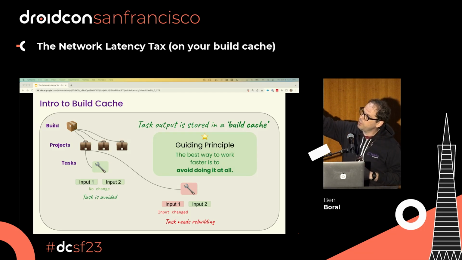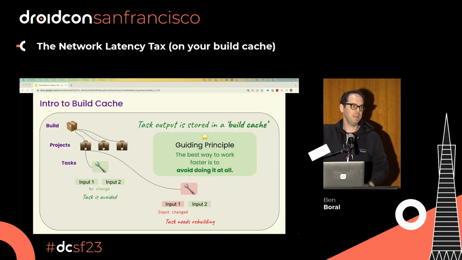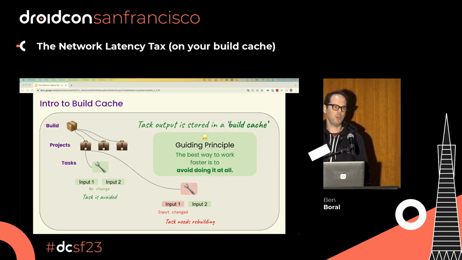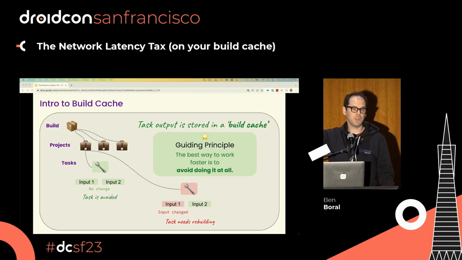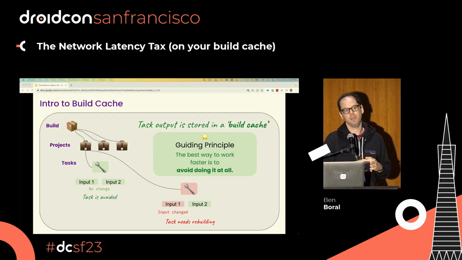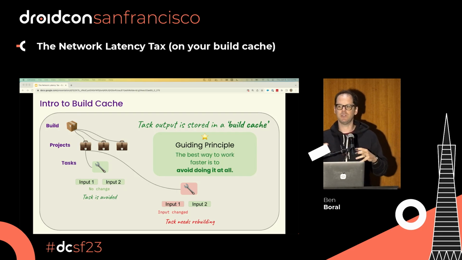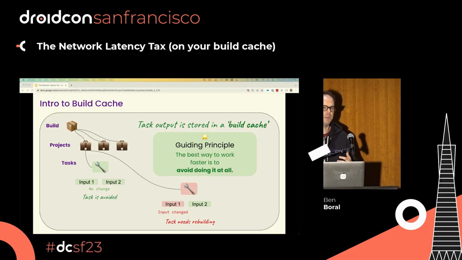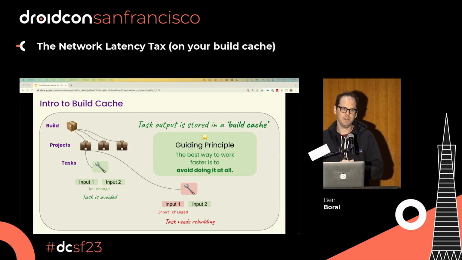So if we're looking at the top left, you're trying to generate an APK, and probably you've broken up your code base into a bunch of sub-projects. Each of those has a bunch of tasks. And so whenever you do a build, Gradle generates this task graph, and it executes thousands of tasks. And each of these tasks has a set of inputs, and a fingerprint is generated for those inputs, and then it generates the output.